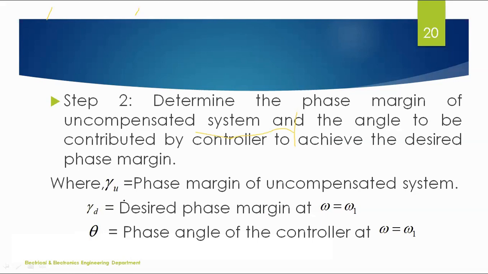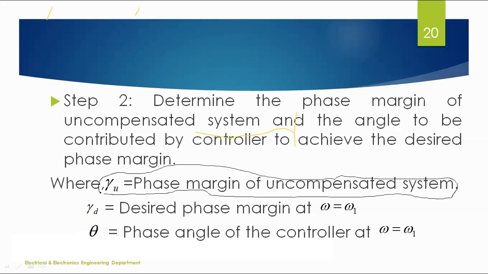Already I told that we can represent the phase margin, where U indicates the uncompensated system. Then how to find the uncompensated phase margin? Whenever we substitute s equal to j omega, then omega equal to omega 1, from that open loop transfer function we get the uncompensated phase margin.